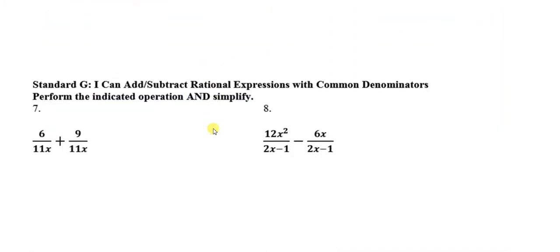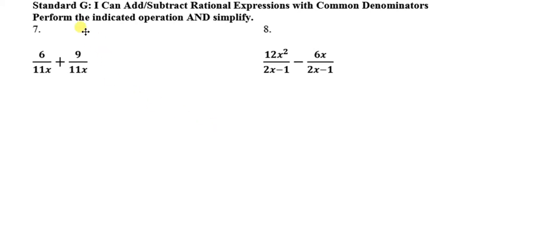Question number 7. When you're adding and you have a common denominator, you can just add. So this is 6 plus 9 over 11x, which equals 15 over 11x. And if you happen to notice that any of my answers are different than my other answer key, please let me know. This one, since we have a common denominator again, you can just subtract.